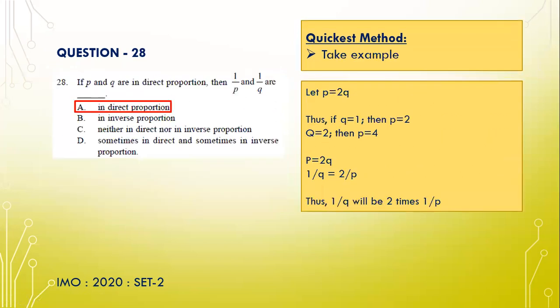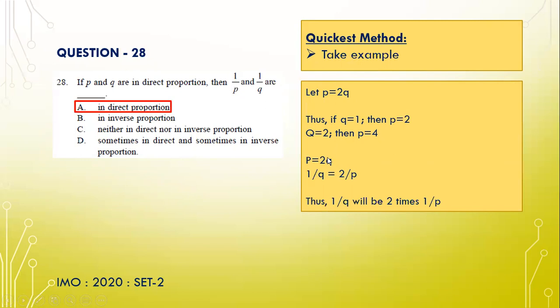If P and Q are in direct proportion, then 1 upon P and 1 upon Q are. So take an example. So let's say P and Q are in direct proportion. Say P is equal to 2Q, isn't it? So if Q is equal to 1, then P is equal to 2. If Q is equal to 2, then P is 2 into 2 is 4, isn't it?